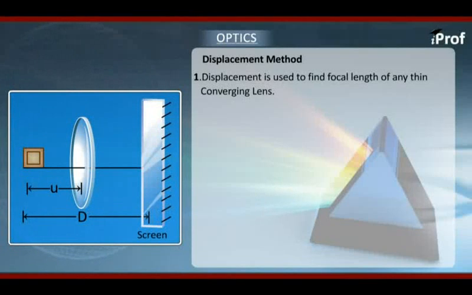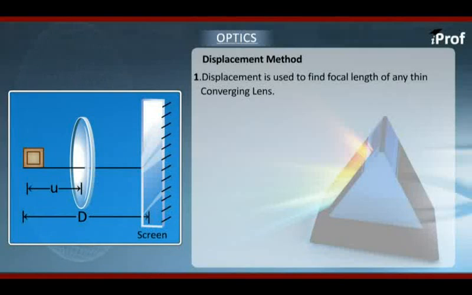Now let's go slowly and then let's understand how we determine focal length of this thin converging lens. Now we have already fixed up the position of object and the position of image, which is precisely the position of screen. Let the separation between these two be denoted by capital D, and small f is the focal length of this thin converging lens.